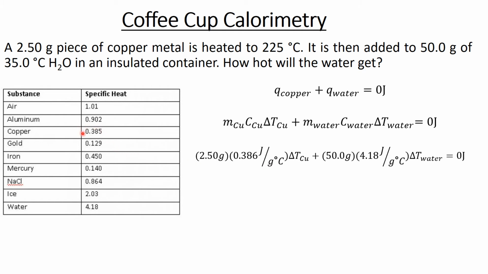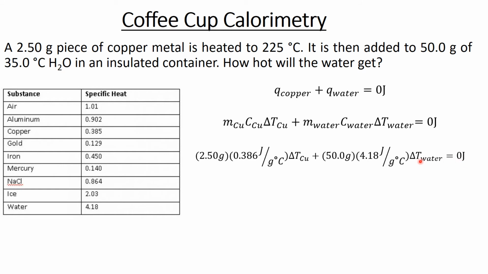Well, the table says 0.385, but that last digit's a guess. I got it from another table, full disclosure. But anyway, that's the specific heat of the copper times delta T of the copper is equal to 50.0 grams is the mass of the water, 4.18 is the specific heat of the water, and then times delta T of the water is 0 joules.